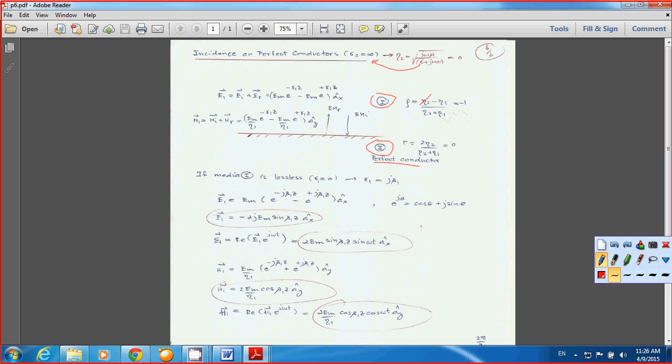Since eta 2 is 0, it gives you a negative 1. And for transmission coefficient equal to 2 eta 2 over eta 2 plus eta 1, because eta 2 is equal to 0, it gives you the transmission coefficient to be 0.